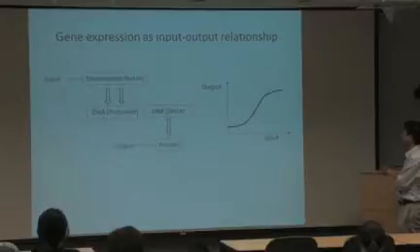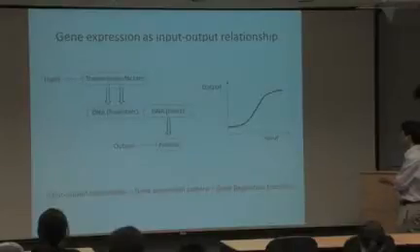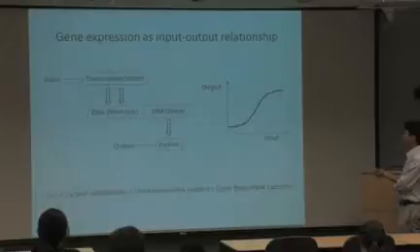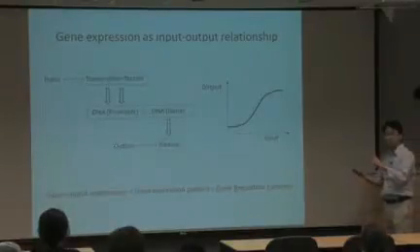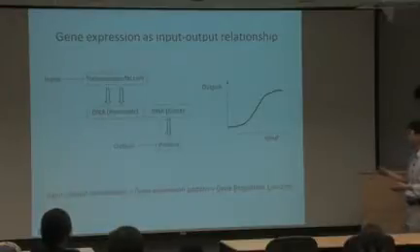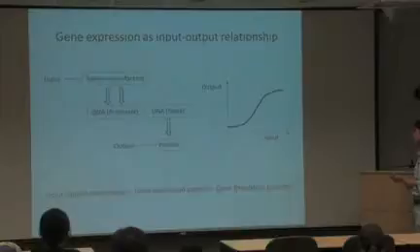This relationship, known as the gene expression pattern or gene regulation function, is going to be a specific function of this promoter, which means that if you swap this promoter with some other promoter, then you're going to see another relationship.